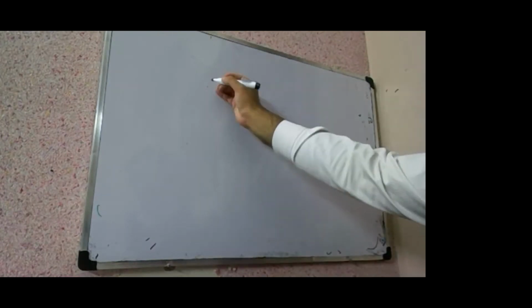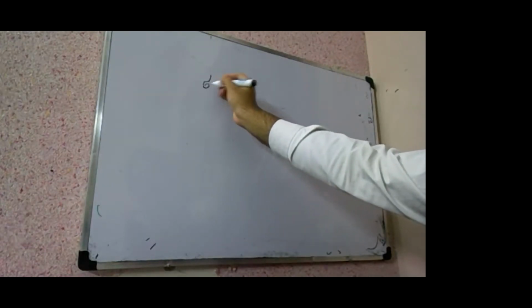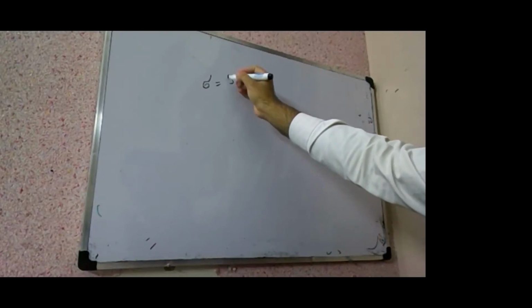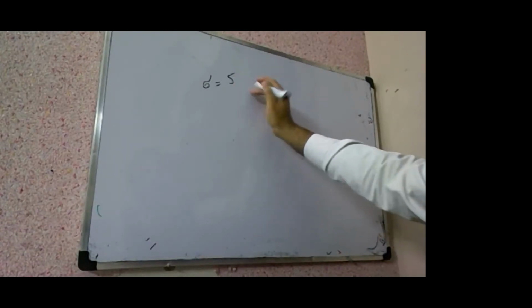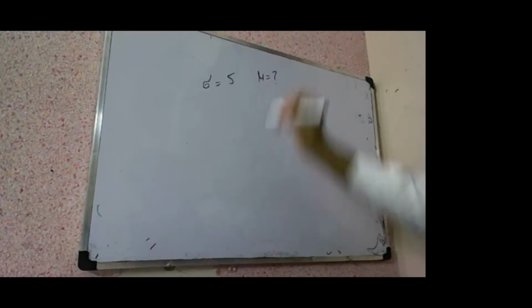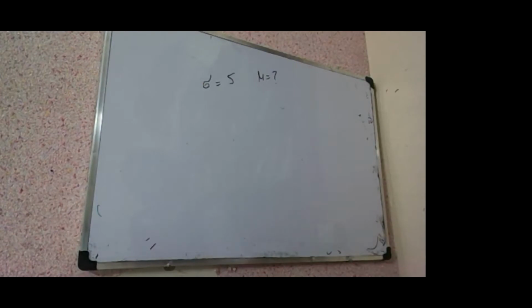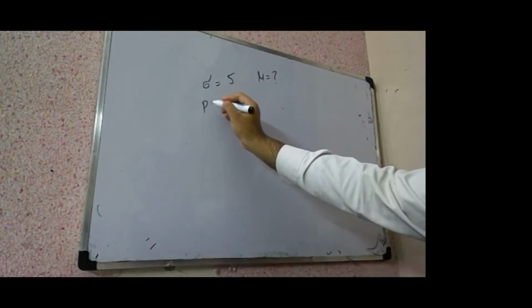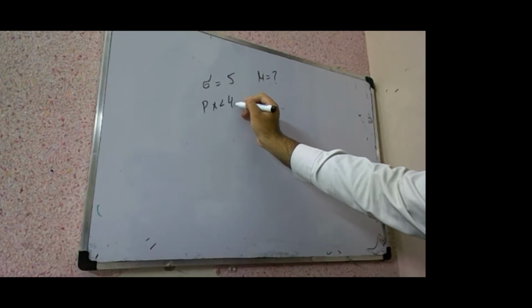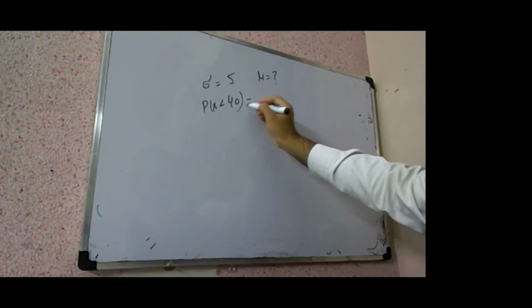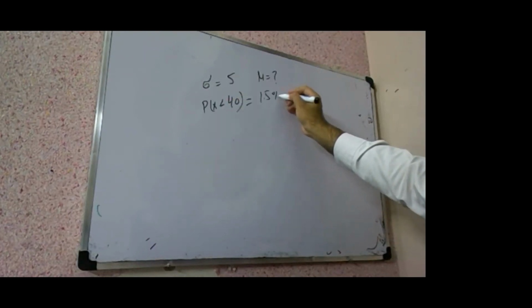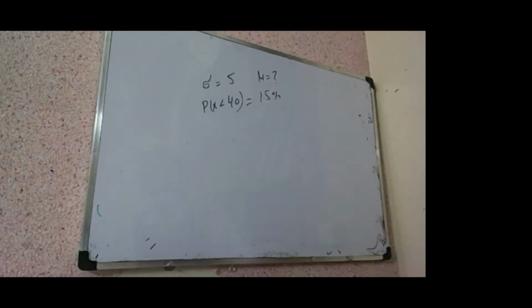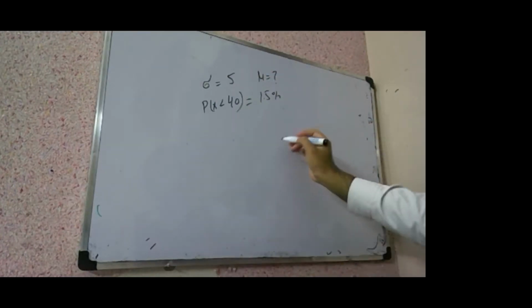For example, sigma is given as 5, but mu you have to find out, whereas it says the probability of X less than 40 is 1.5%. Any question? Take the same example, just change the parameter, and you can see.